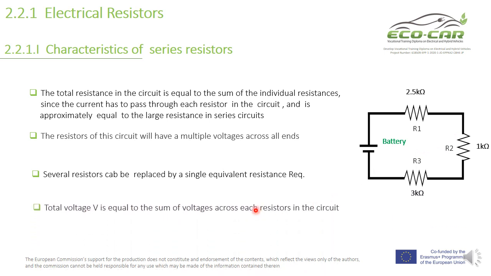Total voltage is equal to the sum of the voltage across each resistor in the circuit. As we said here, the voltage of this battery is equal to the voltage across this resistor, this one, and this one. So V of battery equals V of R1 plus V of R2 plus V of R3.